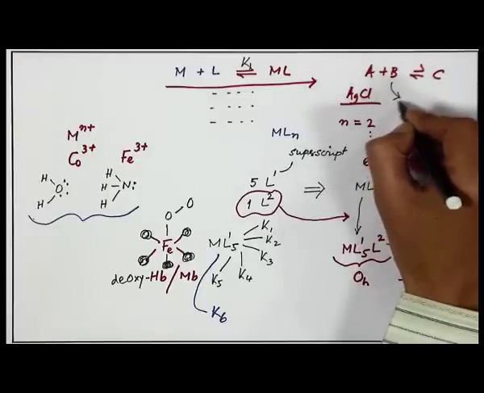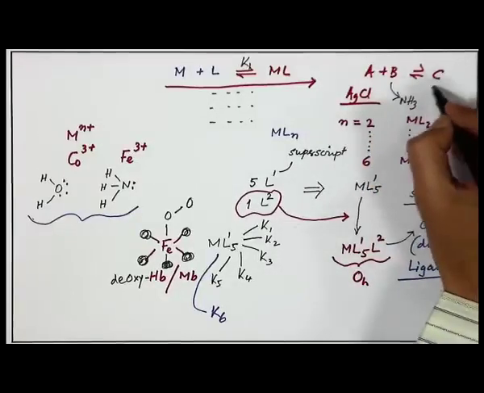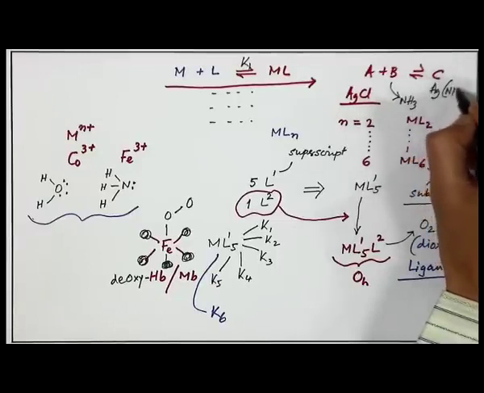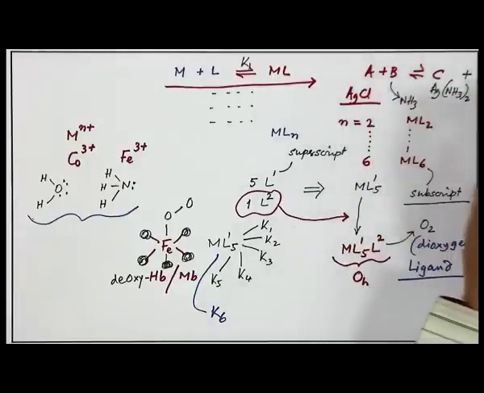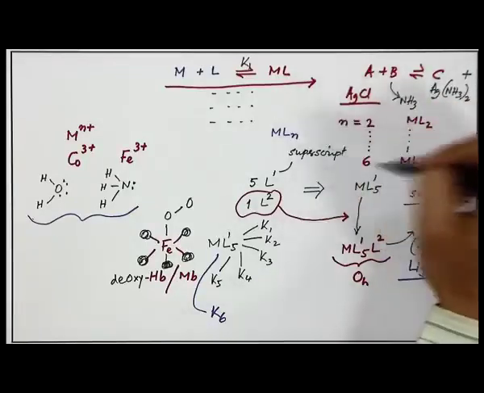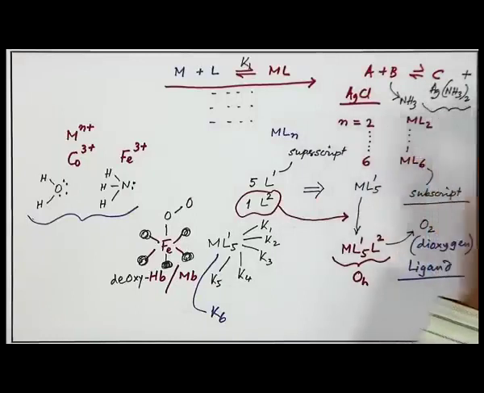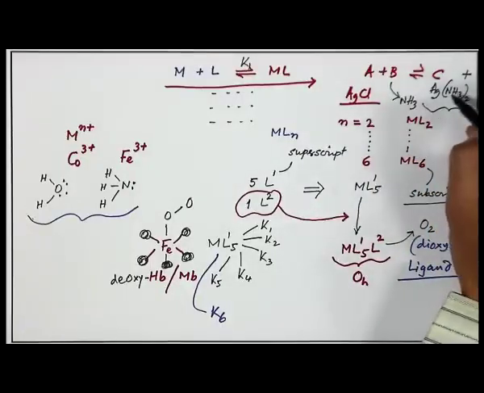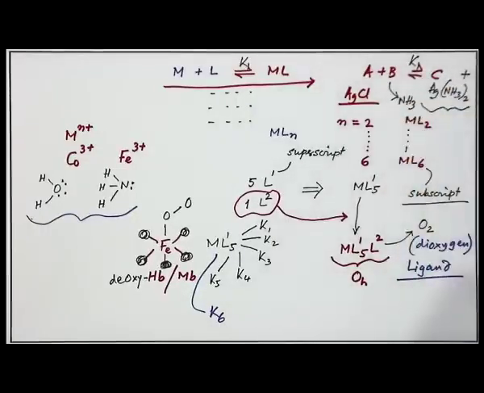But if your B is ammonia, and the silver chloride gets solubilized forming Ag(NH3)2 plus, moving from left to right at a particular concentration of ammonia and silver chloride, we should be able to determine the concentration of C, the complex species, because we know the K1 value, the formation constant for this complexation reaction.